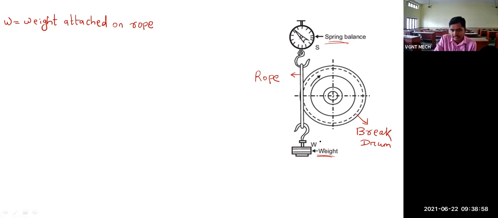Some masses will be there. So how to calculate this weight? We know the mass value. If we multiply it by the acceleration due to gravity, small g, then we can measure the weight. So this weight can be calculated as W equal to m into g. The unit of this is Newton.